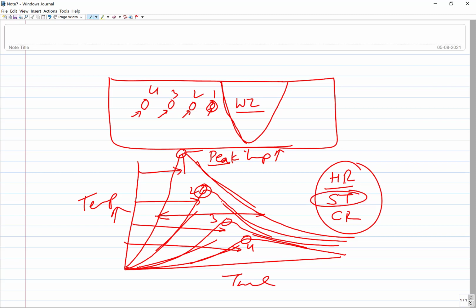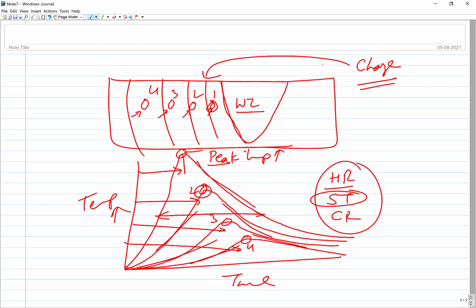So, depending upon the location of interest in the vicinity of the weld zone, different temperature variations are experienced by the metal in the different zones, and that will be dictating the extent of the change which will be occurring in the region close to the weld zone. Since the peak temperature, high temperature retention time, and the cooling rates are all getting affected with the location, you will find the changes are also different in the different locations.